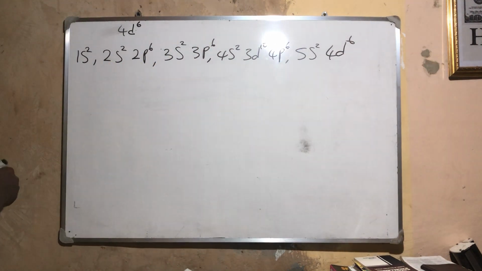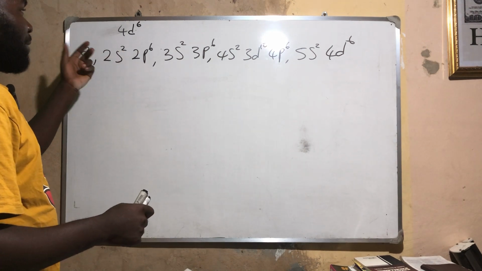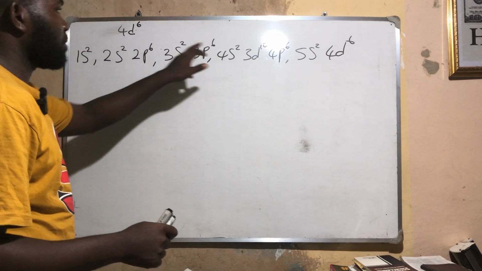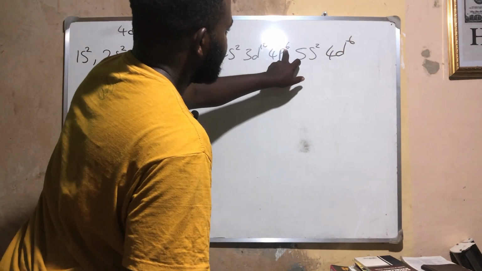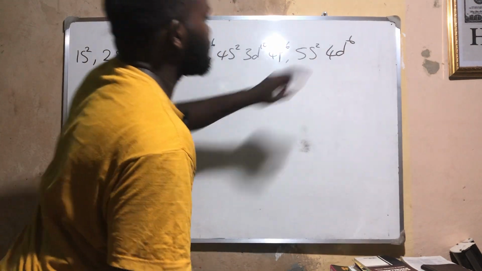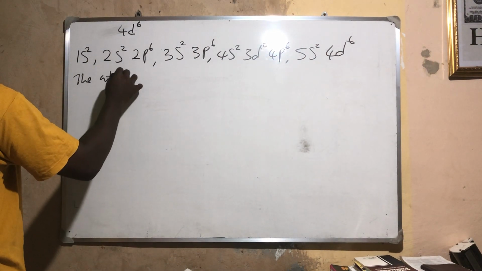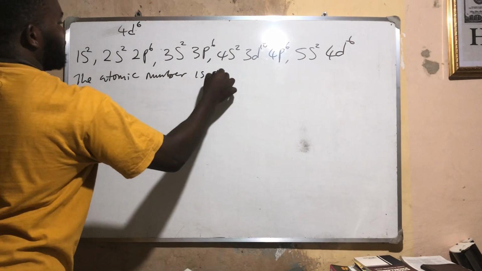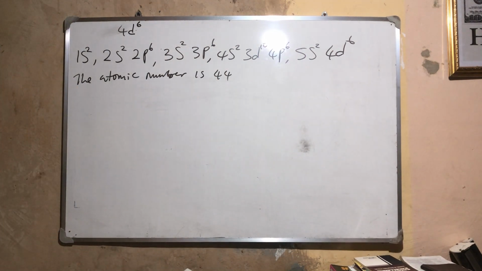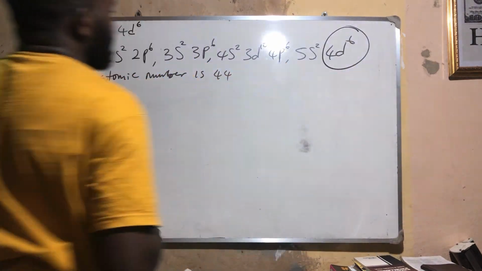All right. Now from here, how many electrons does it have? The atomic number is the number of electrons. So I have 10 plus 10, 20, 30, 42, 44. So the atomic number is 44.